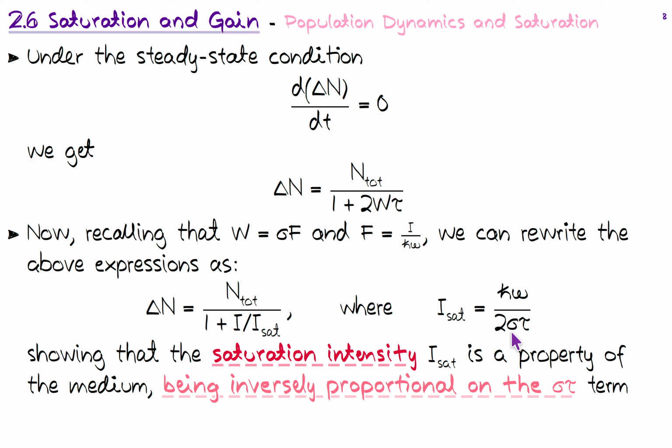And similarly, what happens if the absorption cross-section is changed? Right away we can see that it has implications on the saturation intensity, and then also on the ease or difficulty of having the system population inverted or not, or can we have lasing or not.